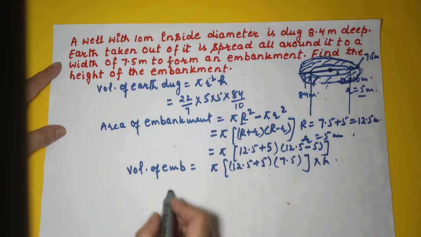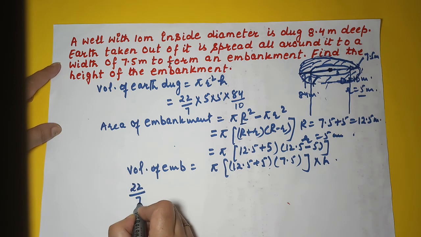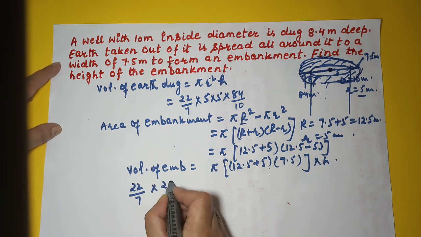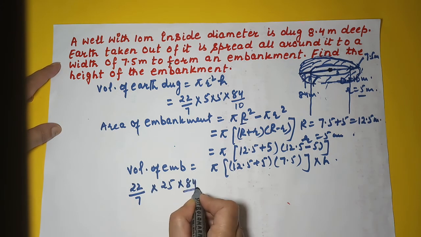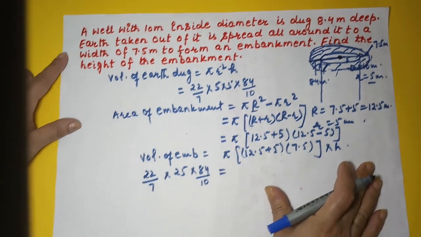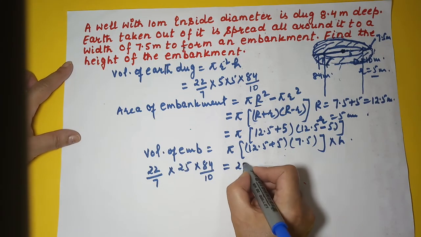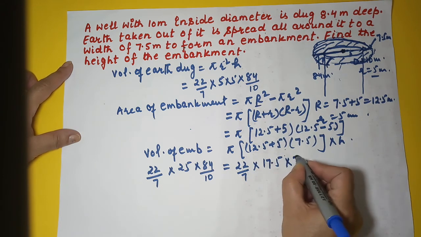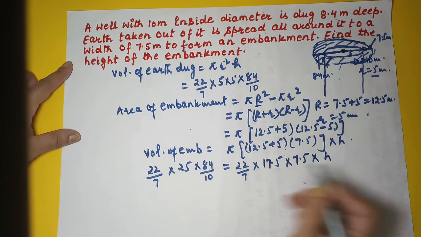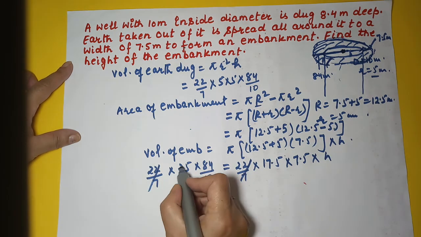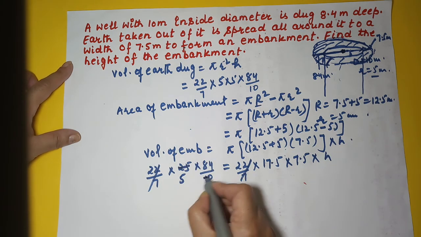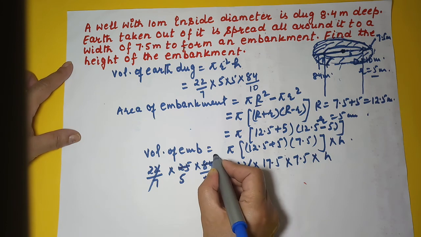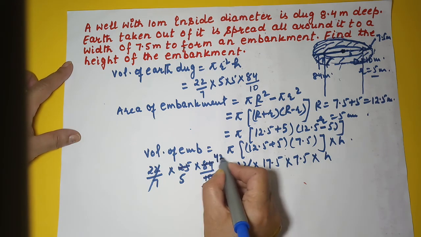So let's equalize these. We have 22 by 7 into 25 into 84 by 10 is equal to pi, that is 22 by 7 into 17.5 into 7.5 into h. So this and this will go. 5 5s are 25, 5 2s are 10, 2 4s are 8, 2 2s are 4.